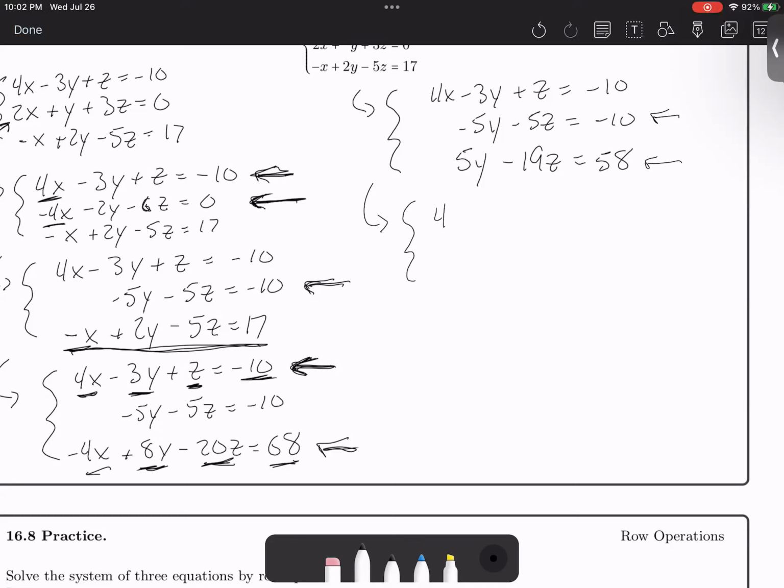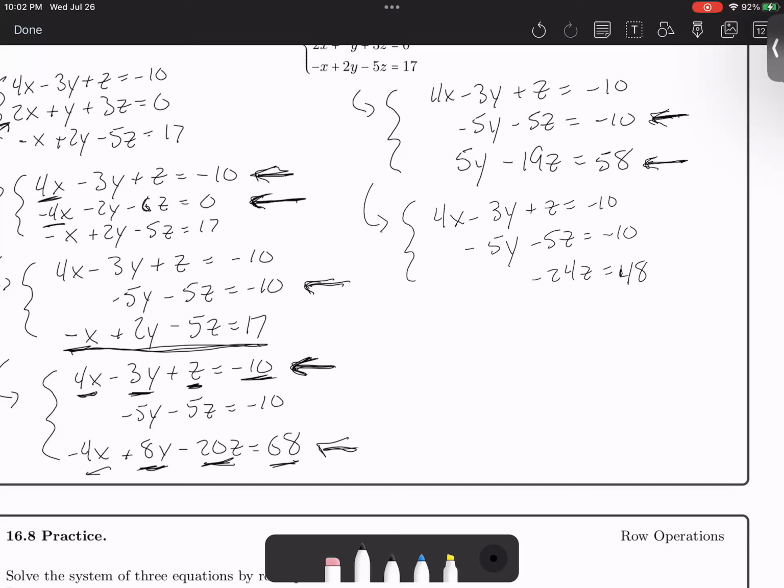So I'm going to copy down the first. I'm going to copy down the second. And when I add the second equation to the third equation, I get 0 y's, and now minus 24z is equal to 48.